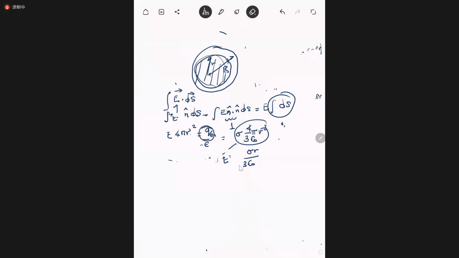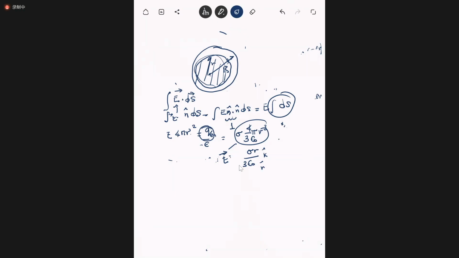And of course, if we want to express it as a vector quantity, we can also put a unit vector, that can be k, can be r. It's up to you to decide, as long as you're consistent and you specify the direction, you're perfectly fine. But the magnitude is, again, sigma R over 3 epsilon 0.